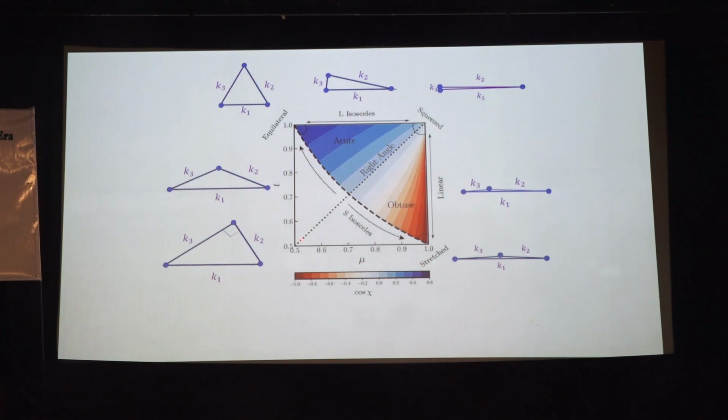For example, this is mu from 0.5 to 1, and this is t from 0.5 to 1. This corner corresponds to the equilateral triangle. This is the L isosceles, squeezed, and this is linear. This is the stretched triangle, this is the right-angle triangle, and this is the S isosceles triangle.